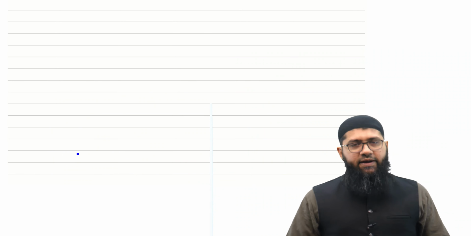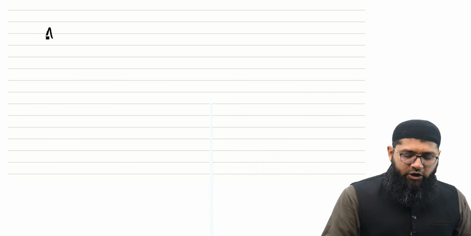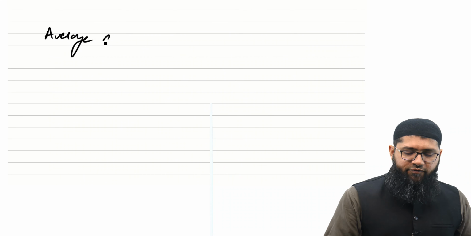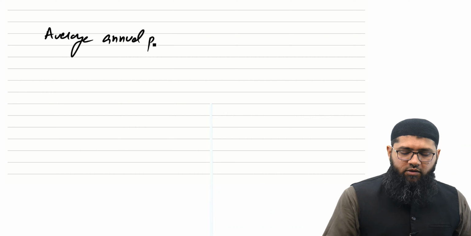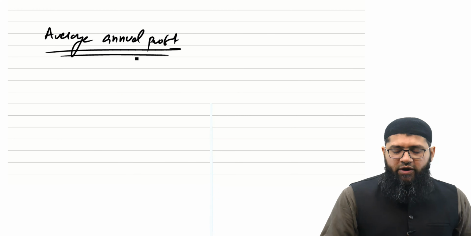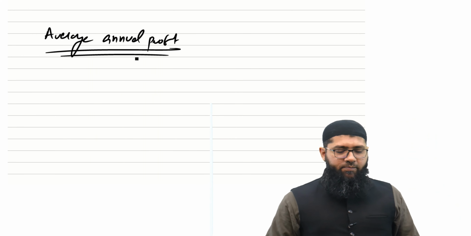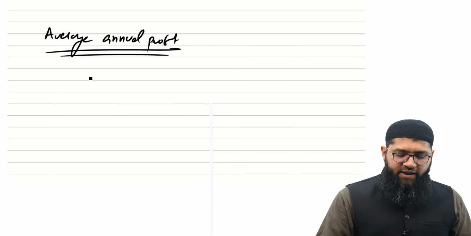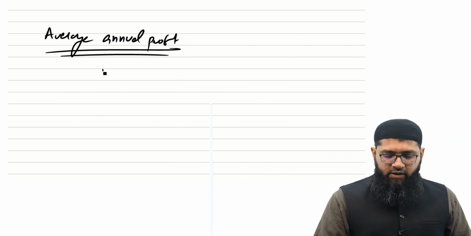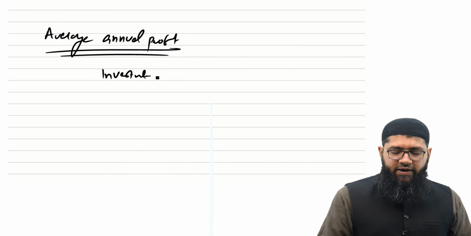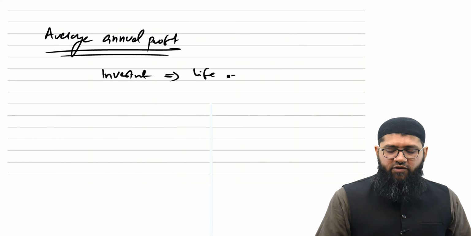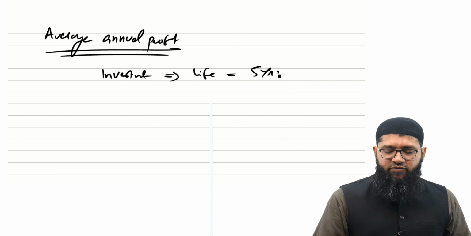Now let's talk about how we go about calculating all of these things. When I talk about the calculation of average annual profit, what is it going to be? For example, if you are making an investment in a machine or anything, let's say your investment has a life of 5 years.